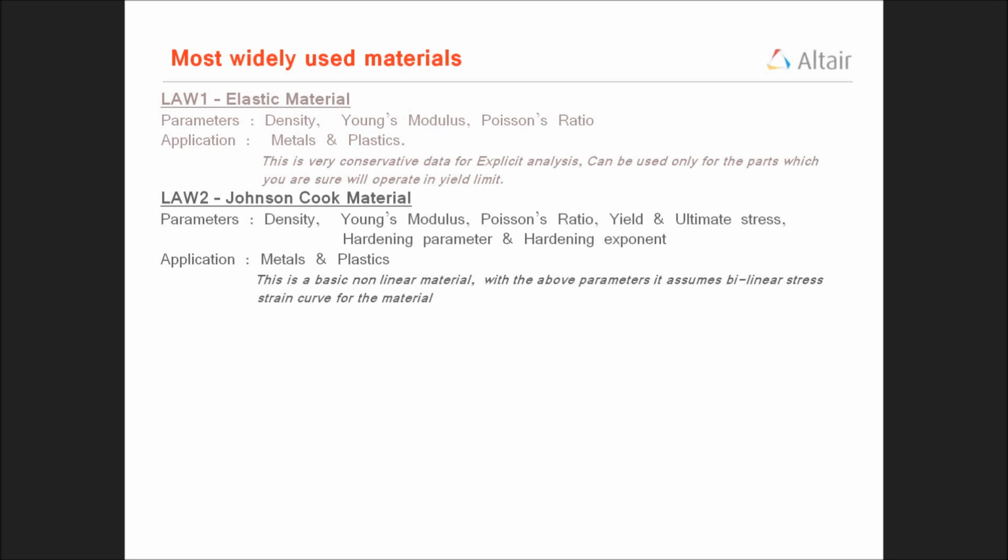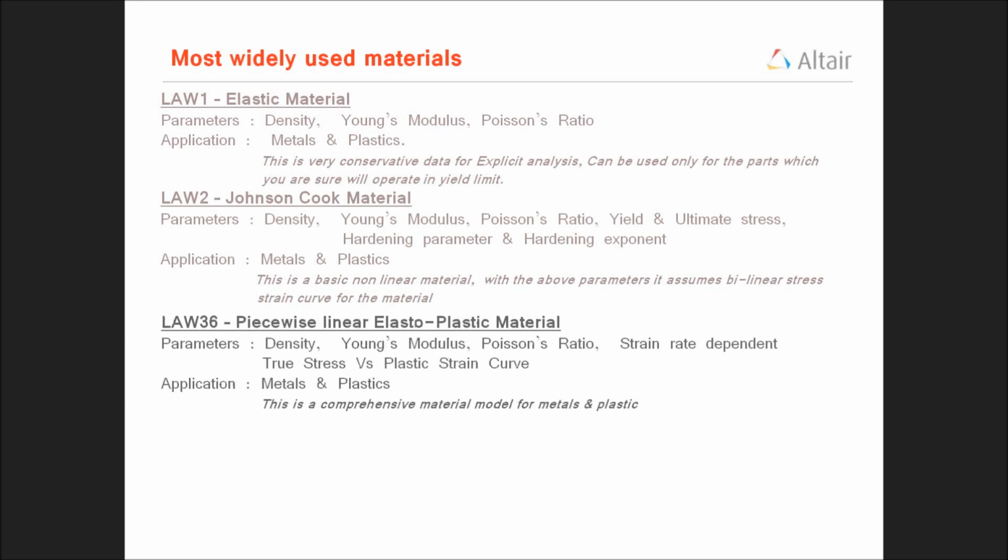Apart from the first three parameters, density, Young's modulus, and Poisson's ratio, which we saw in the earlier material model, the extra parameters it requires are the yield stress of that particular material, the ultimate stress, the hardening parameter, and the hardening exponent. These are the parameters this material model requires, and we will be using that as well.